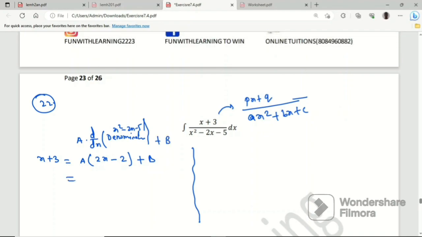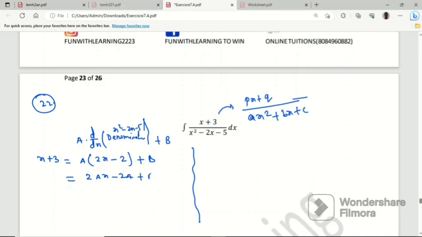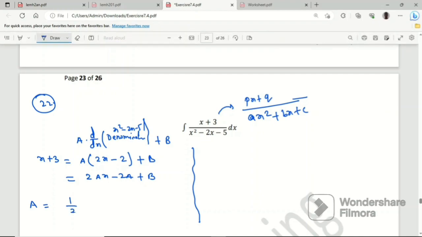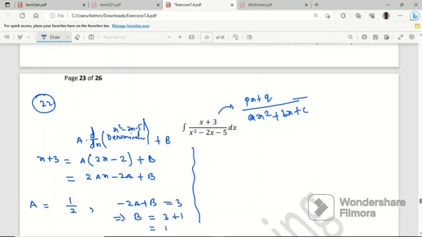So I'll get 2ax minus 2a plus b. So the value of a will be, directly I am writing, a equal to 1 upon 2, and minus 2a plus b equal to 3. Since a is 1 upon 2, I'll get b equal to 3 plus 1, it is 4.